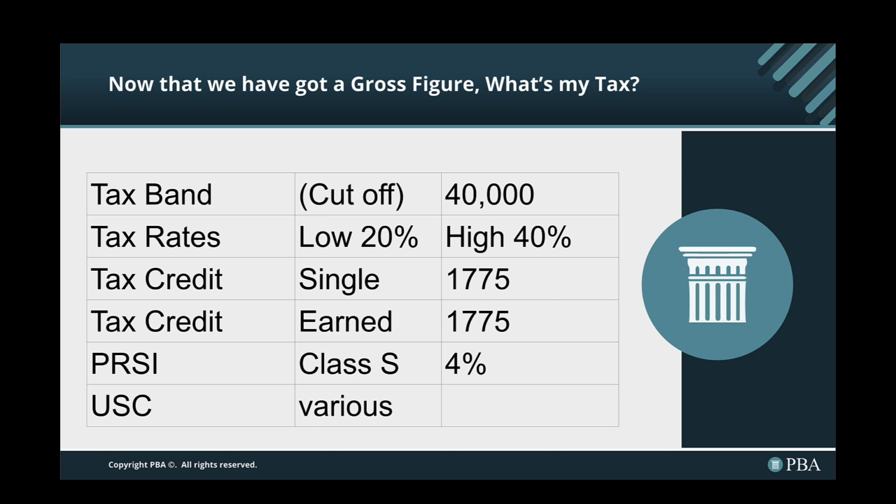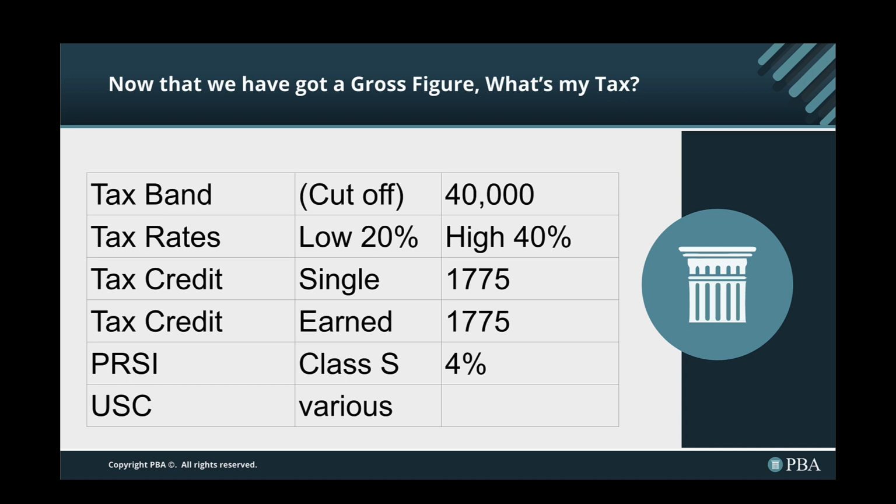So again, remember what I said, you take advice on what your circumstances are. But once you have that information, this is what you'll use to make your calculations. We're assuming Class S for PRSI, which is 4%. Class S is for self-employed people and, again, certain types of directors.